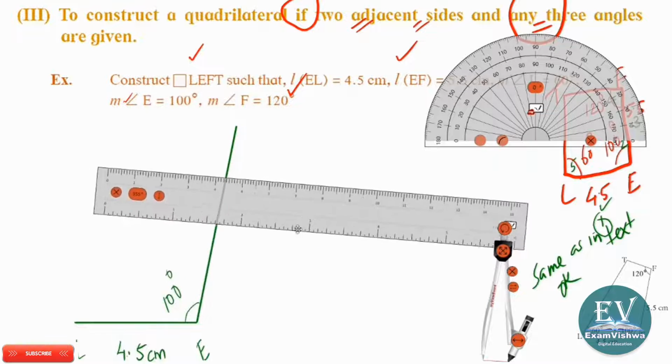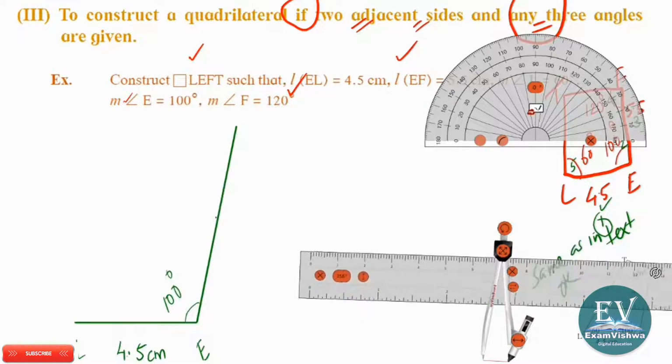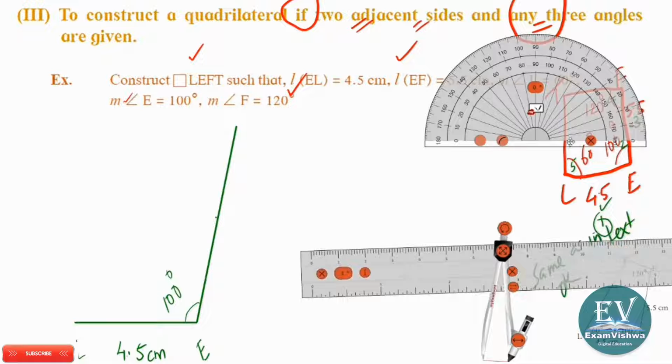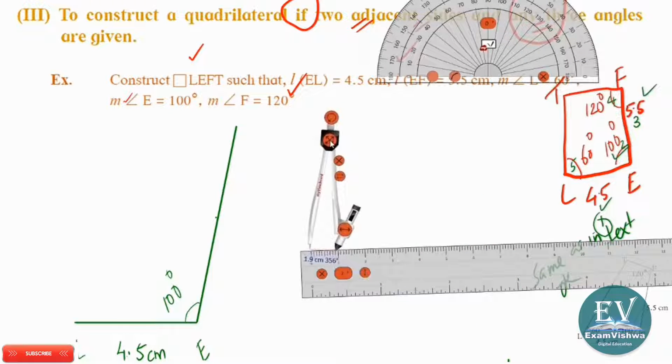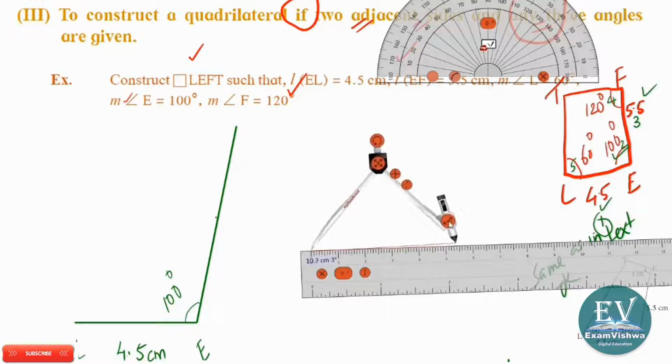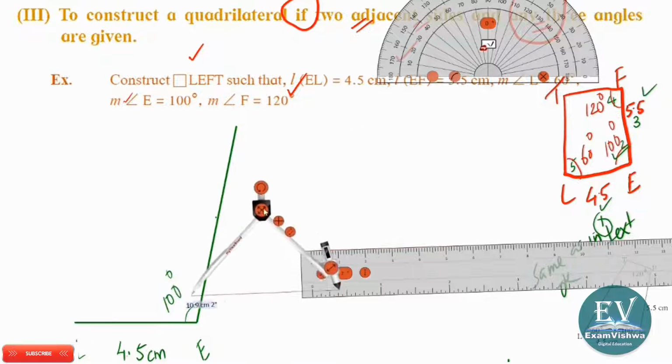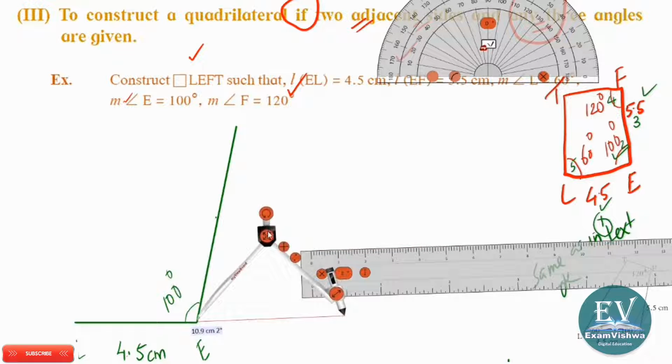So we will be measuring 5.5 centimeter on the scale and put an arc over there.